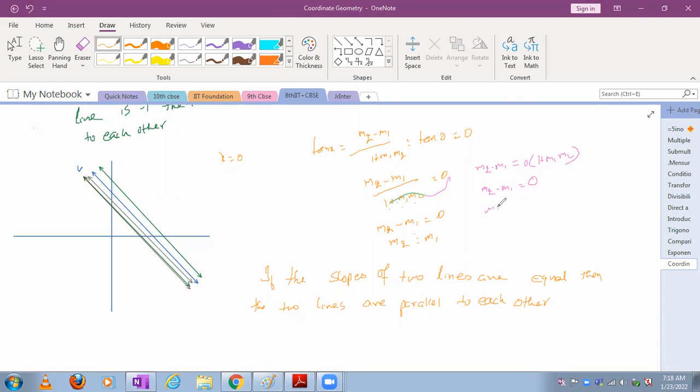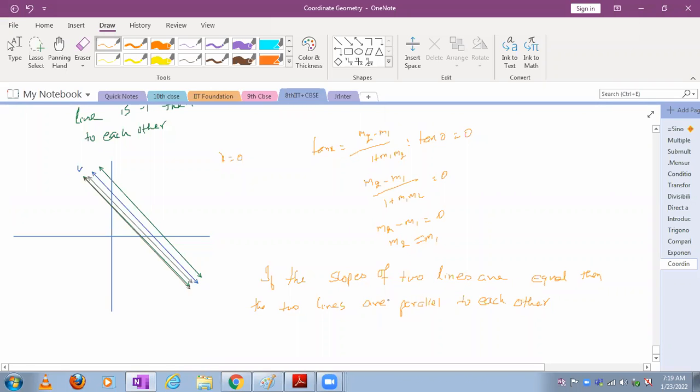Then M2 is equal to M1. This is what we wrote. So that means if the slopes of two lines are equal, then these two lines are parallel. So that's what I wrote here. Got it? Yes, sir.